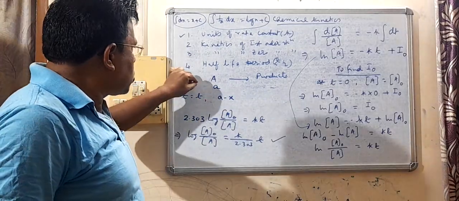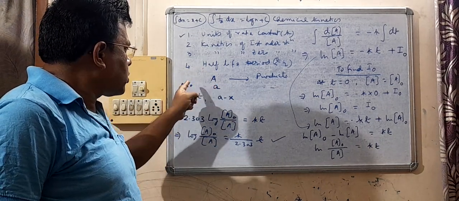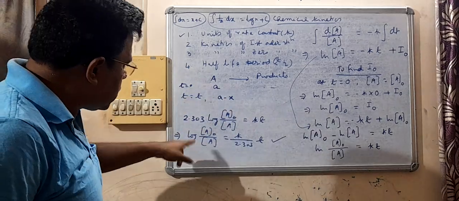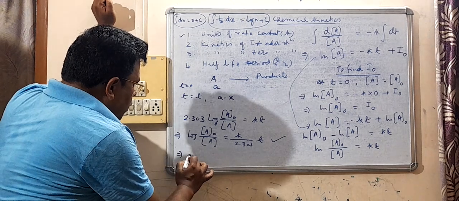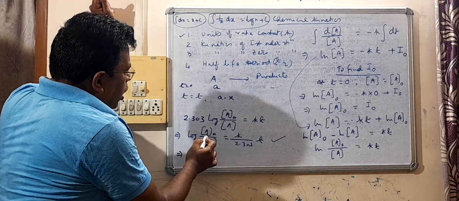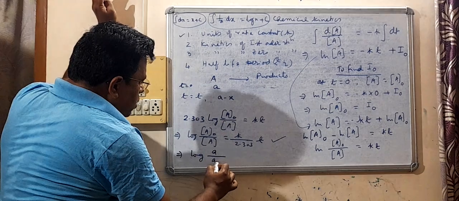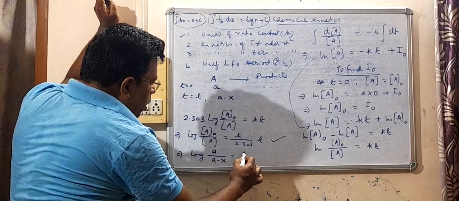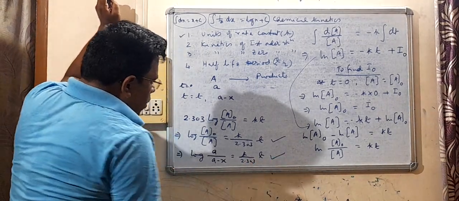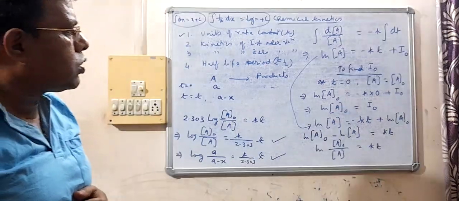So this is the amount of A, small a, at t equal to 0, and the amount of A is a minus x at t equal to t. So putting these values here, we will have log of a by a minus x is equal to k by 2.303 t. This is another form of first order kinetics that we need to remember.